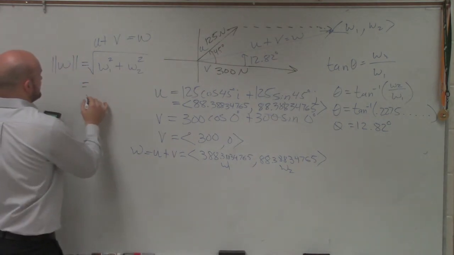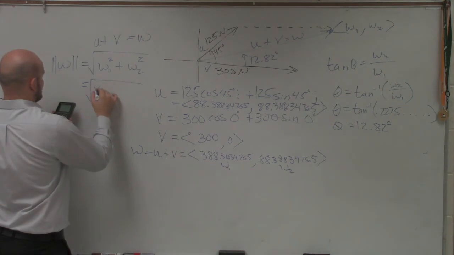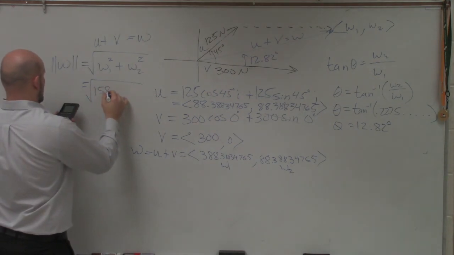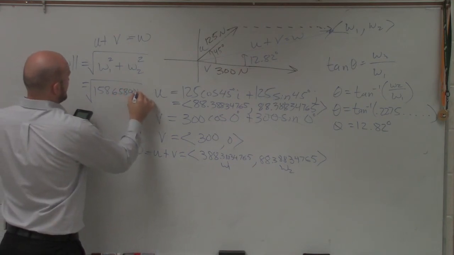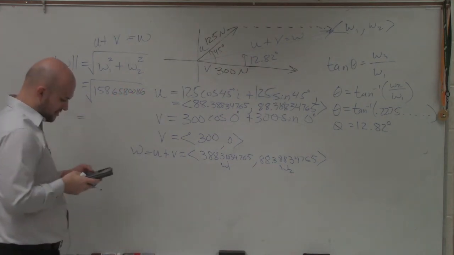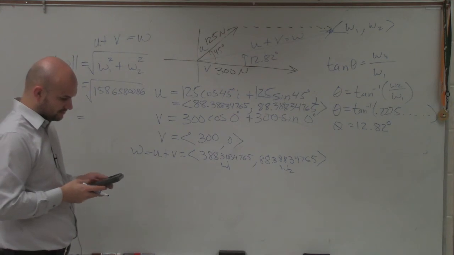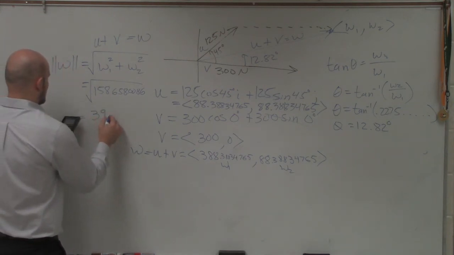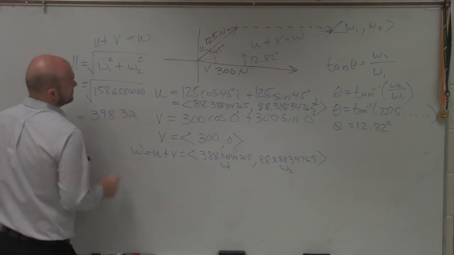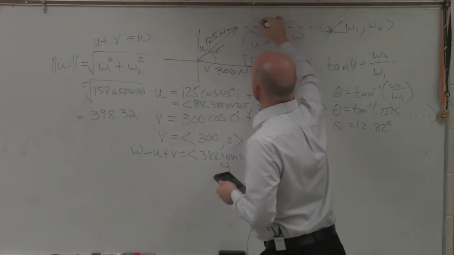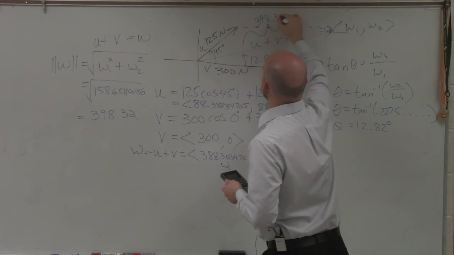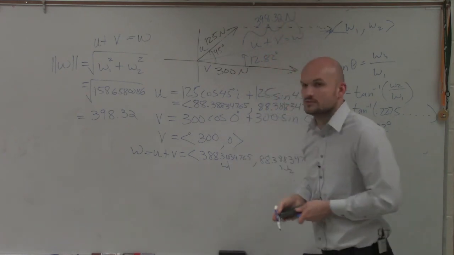So that gives me the square root of 1,558,658.0086. Take the square root of that answer, and I get 398.32. So what that's saying is this distance is 398.32 newtons of force.